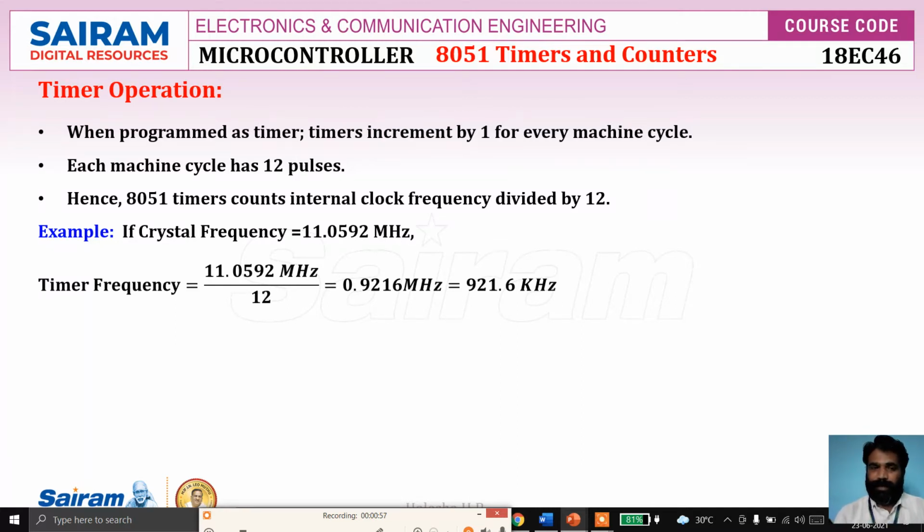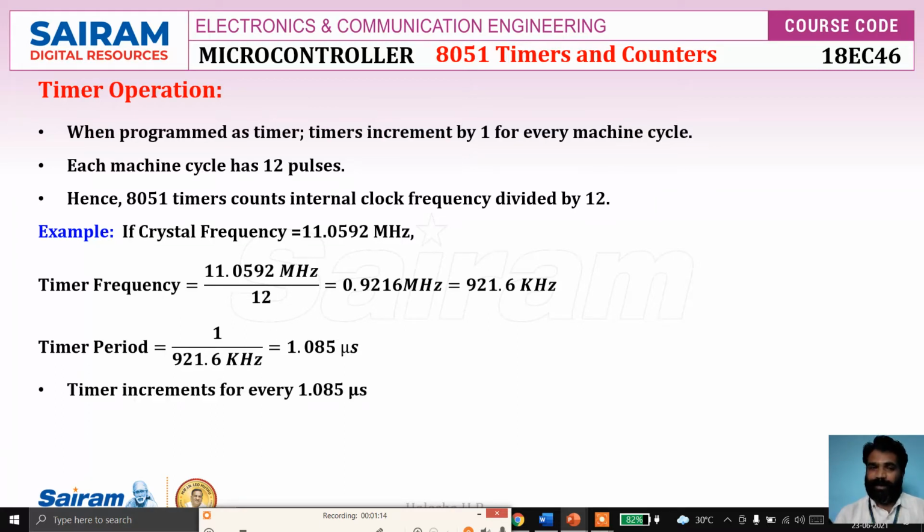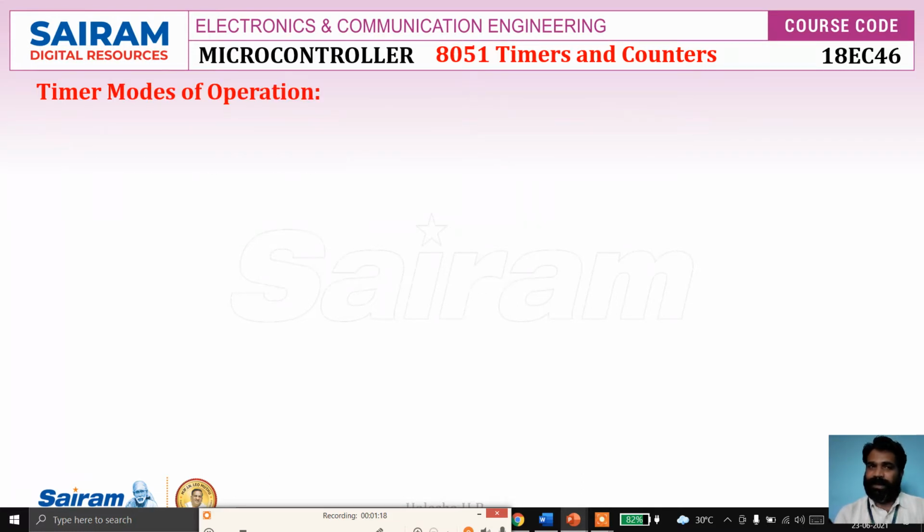The timer period is the inverse of frequency, so 1 divided by 921.6 kilohertz is 1.085 microseconds. That means the timer increments for every 1.085 microseconds.